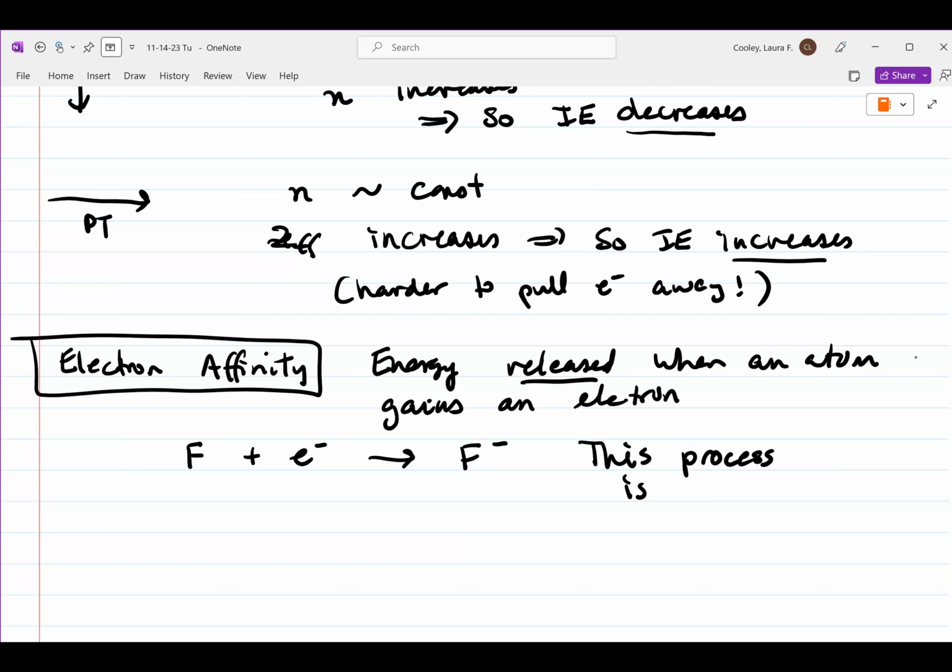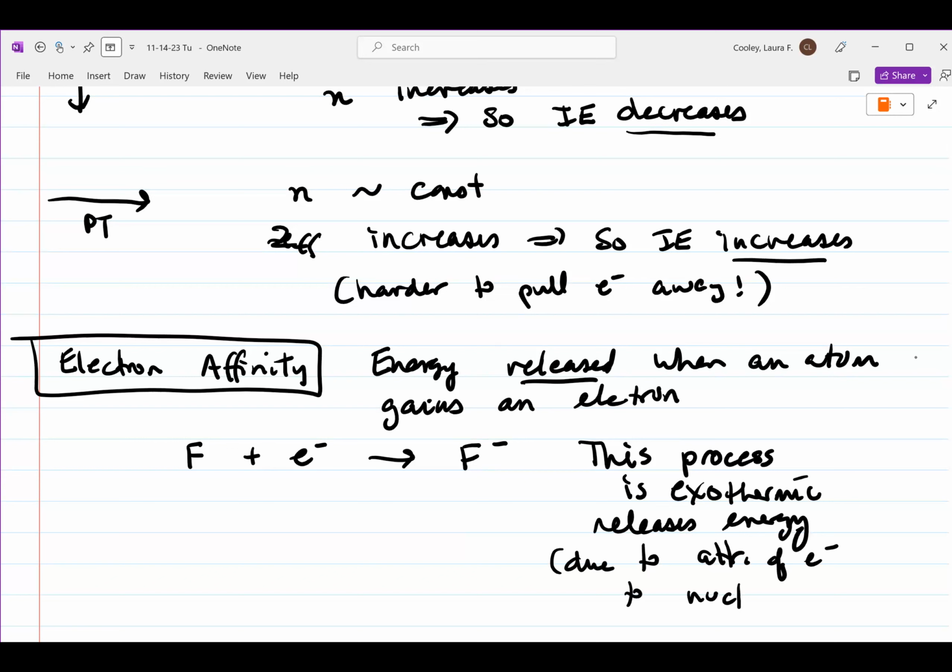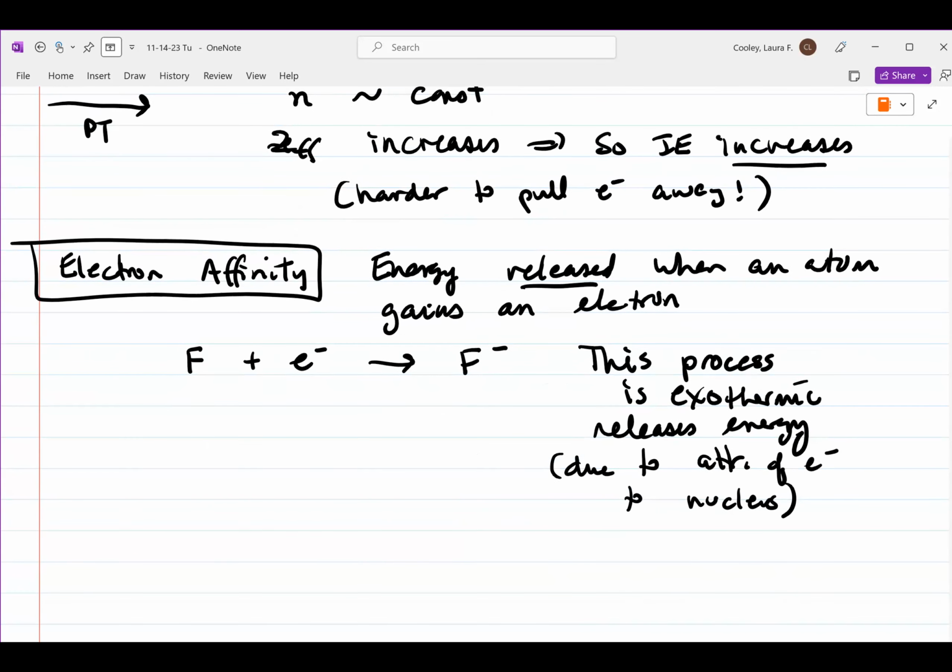So it would release energy because it makes it more stable to bring them together. So this process is exothermic. It releases energy, and this is due to the attraction of the electron to the nucleus of the atom, which makes it more stable.